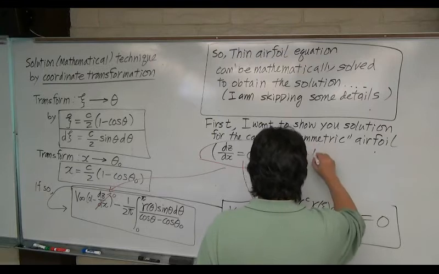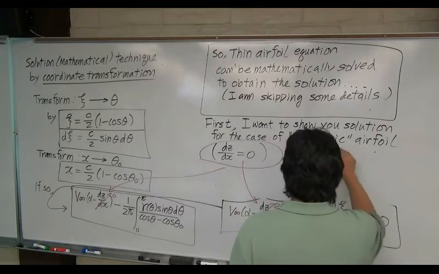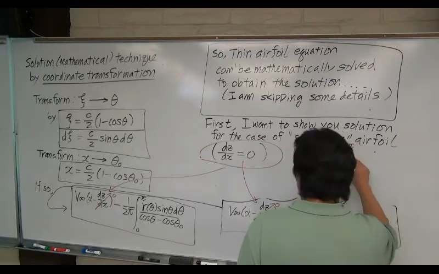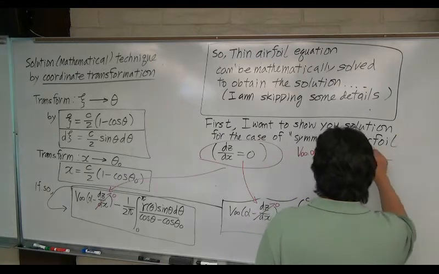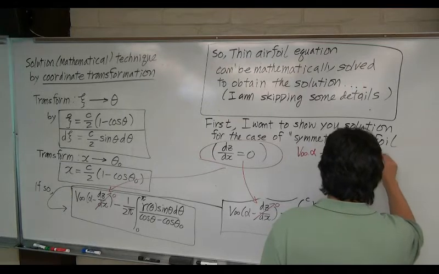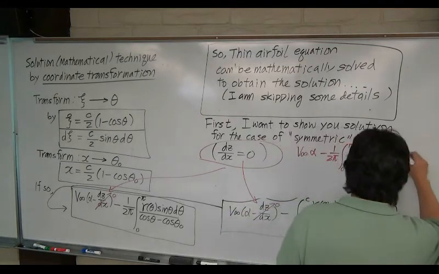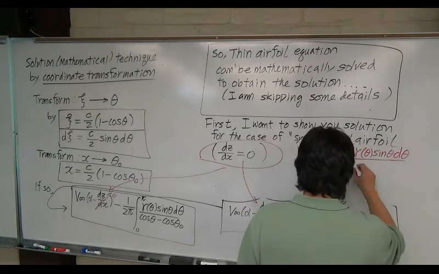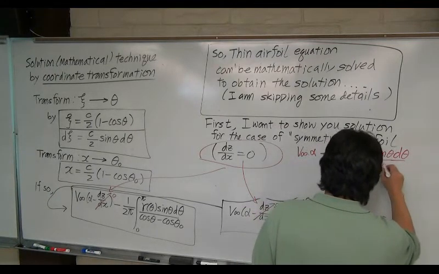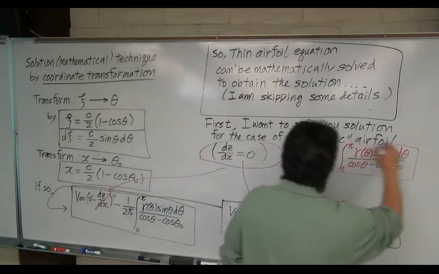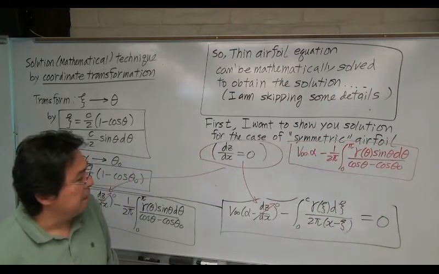So if it's a symmetric airfoil, the equation is B infinity alpha minus 1 over 2 pi integral from 0 to pi gamma as a function of theta, sine theta d theta divided by cosine theta minus cosine theta 0. So this is the equation for symmetric thin airfoil.